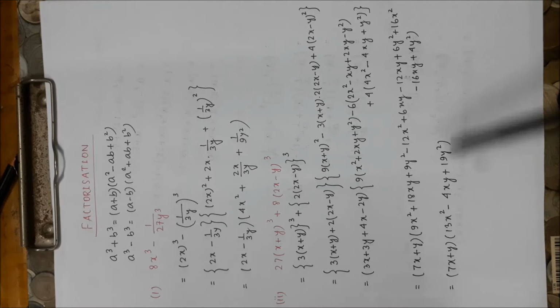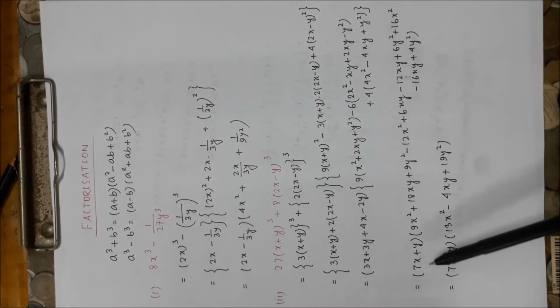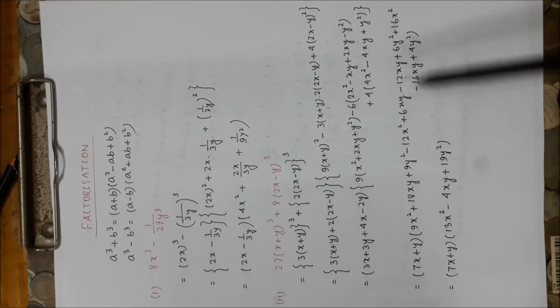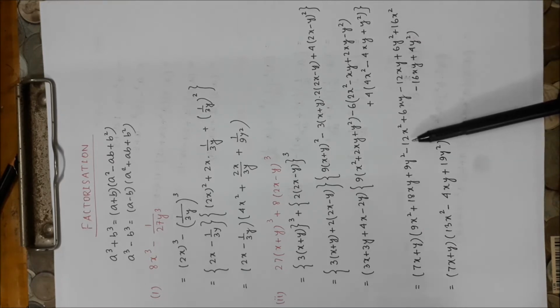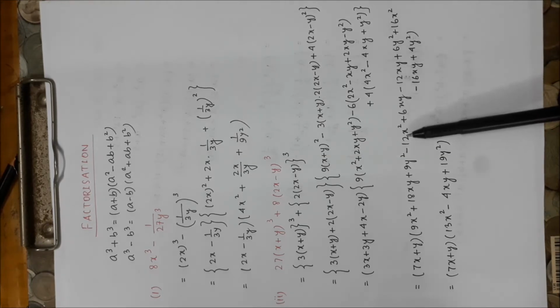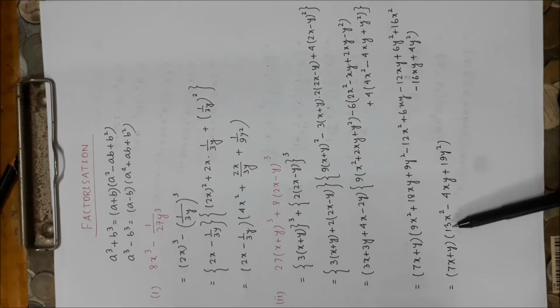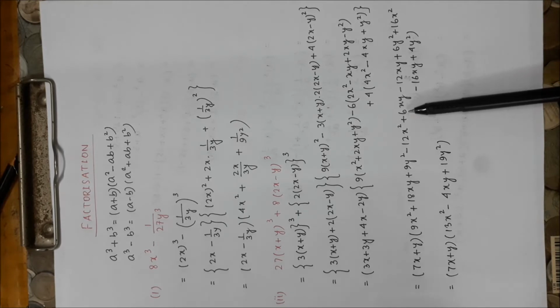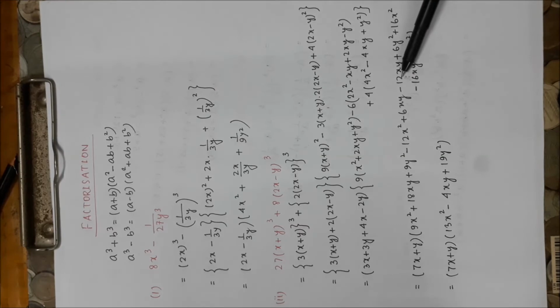Now here we add or subtract the like terms. So 7x plus y, 9x square plus 16x square, 25x square minus 12x square equals 13x square, 18xy plus 6xy, 24xy, and minus 12xy minus 16xy, minus 28xy.